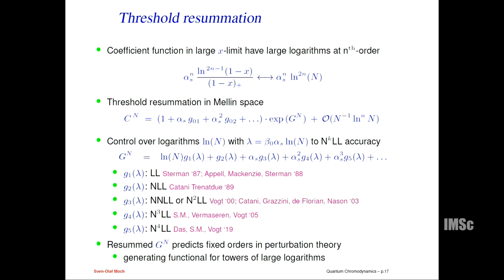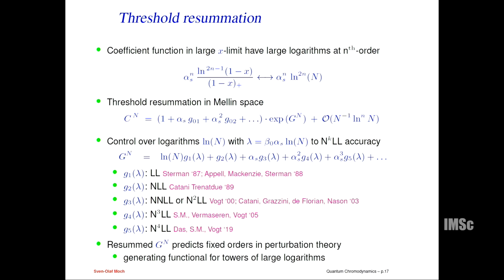Knowing the underlying structure of factorization, you can set up a renormalization group equation that systematically resums all these large logarithms in n space and exponentiates them. For the coefficient functions in n space, you can write down a finite prefactor, and then resum all these large logarithms in an exponential, with a function that resums them to leading, next to leading, next to next to leading log accuracy, whatever you have achieved.